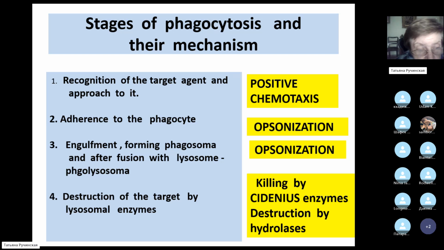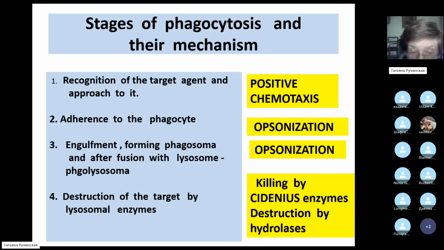The next stage of phagocytosis is adherence to pathogens, to these target agents. The mechanism of it is opsonization. What is this? I will explain further.